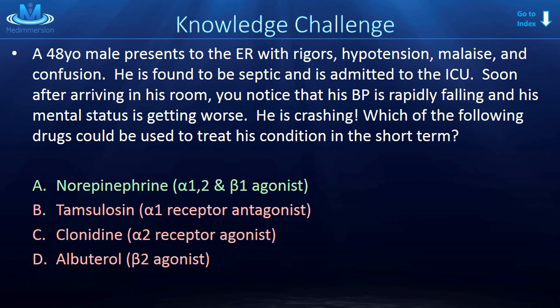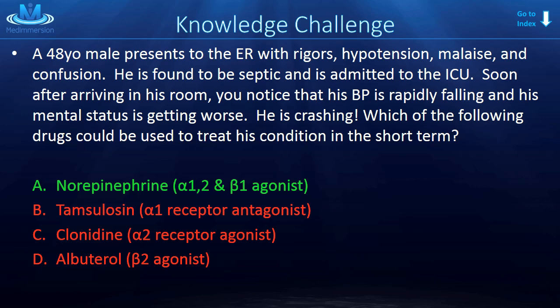So how about norepinephrine? Why? Well, norepinephrine would do a great job at increasing this person's blood pressure because it's a non-selective alpha and a beta-1 selective agonist. It stimulates all three of those receptors. So it's going to clamp down on the peripheral vasculature through alpha-1 mechanism. What about the alpha-2?